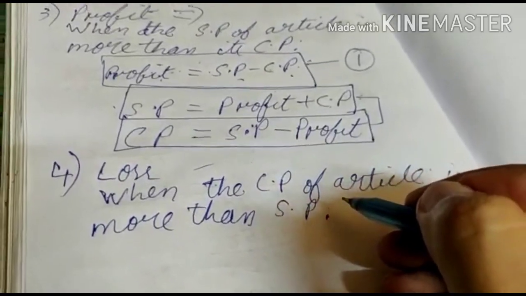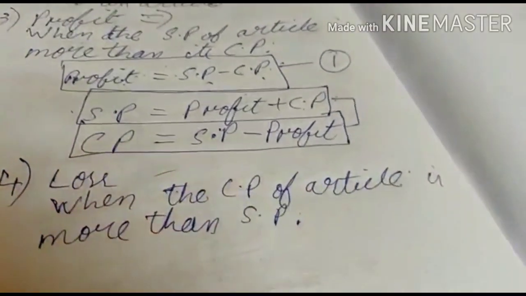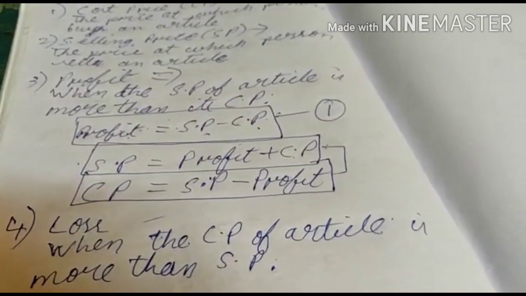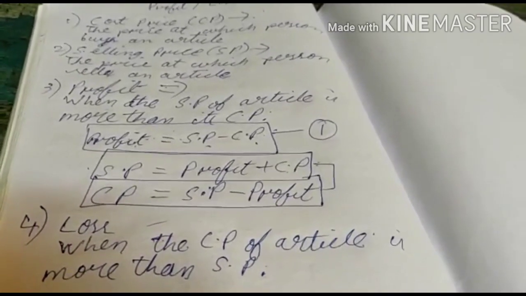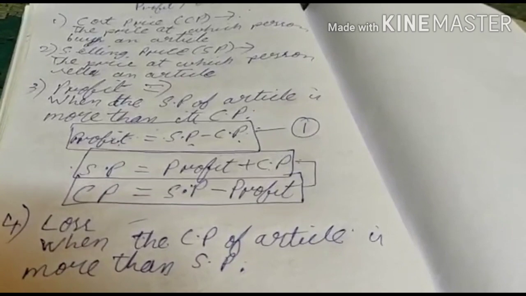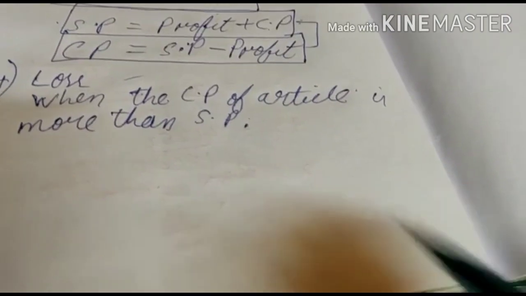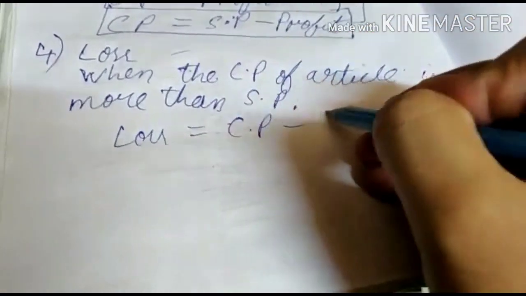Like you bought a mango for ₹10 and you sold it for ₹8. Here 10 is CP and SP is 8. Here 10 is more than 8, that is CP is more than SP. So you incurred a loss: you gave ₹10 and when you sold it you got only ₹8. So what was your loss? Loss was CP minus SP.